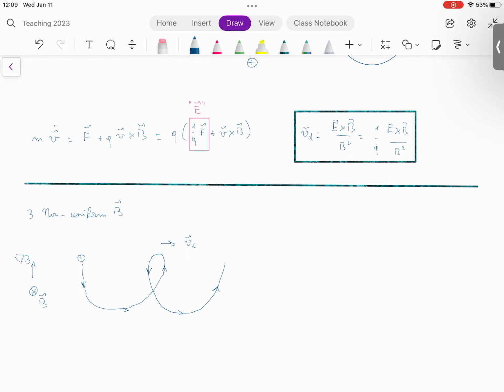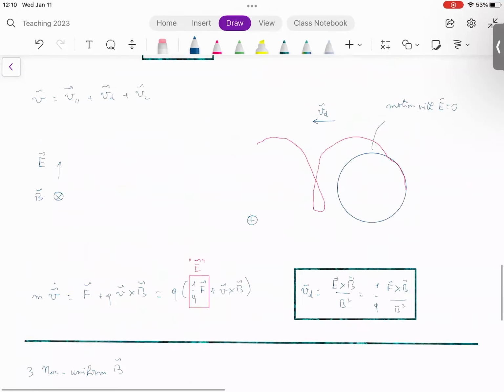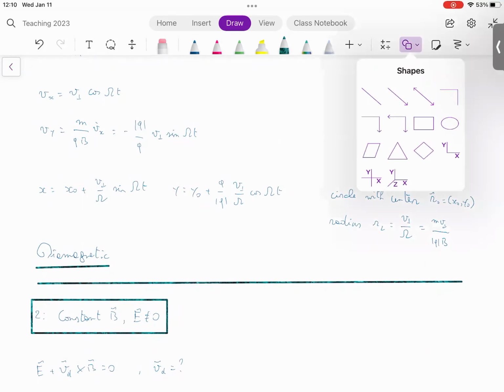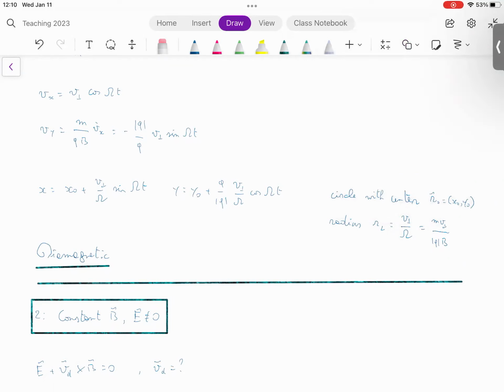Now, if I have an electron instead, well, let me go back up here and emphasize that we're using this expression. That Larmor radius depends on the mass of the charged particle.